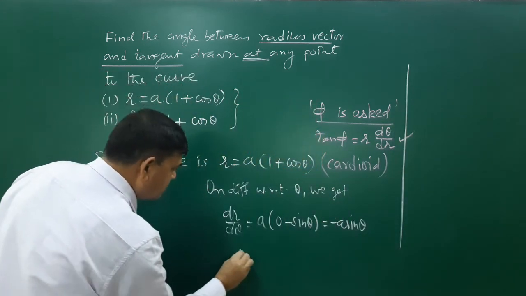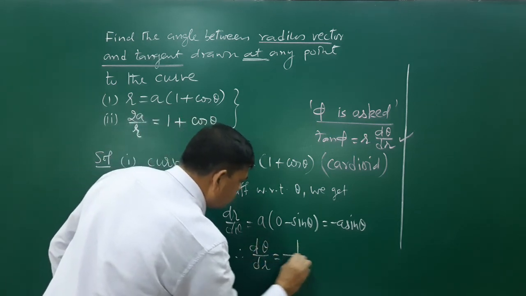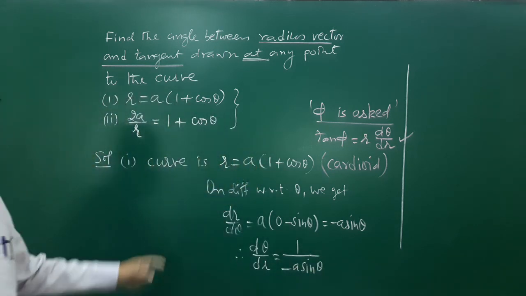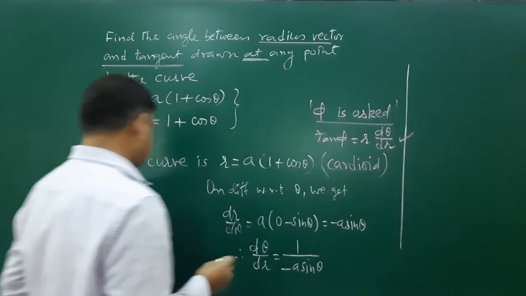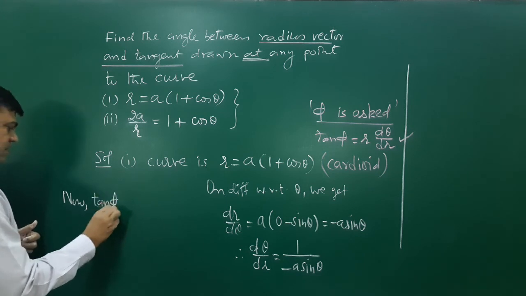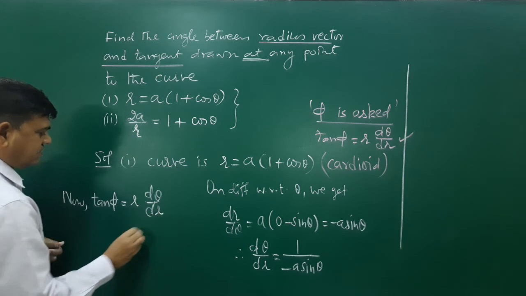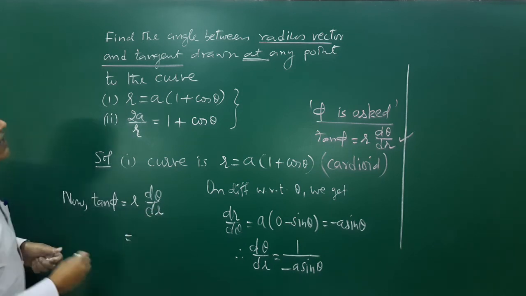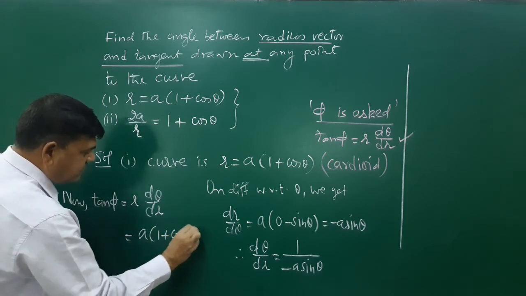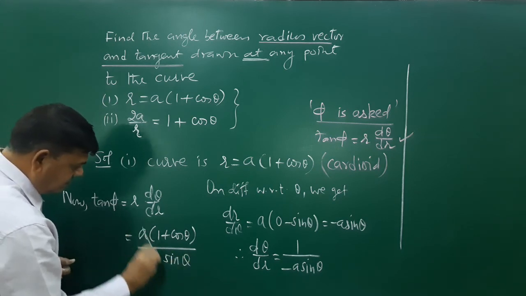Therefore, d theta by dr is 1 upon minus a sin theta. Now, tan phi equals r d theta by dr. So r means a times 1 plus cos theta, and this is minus a times sin theta.